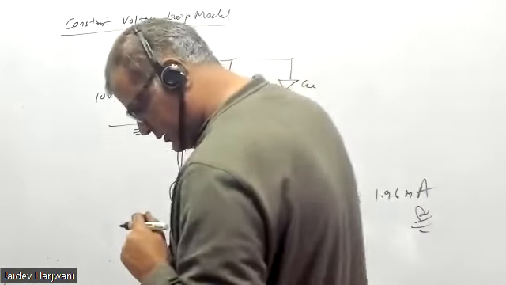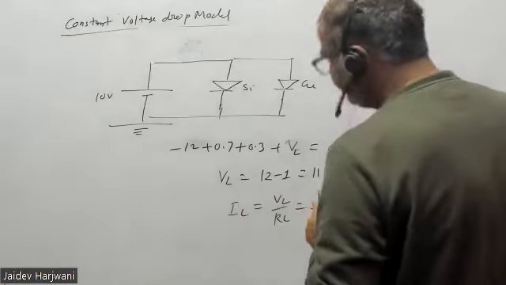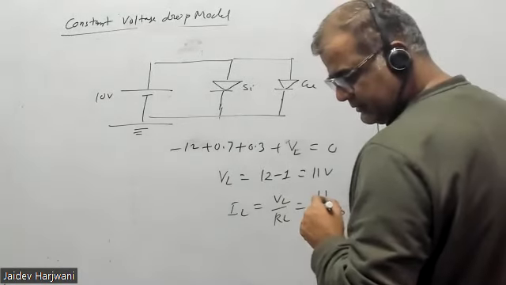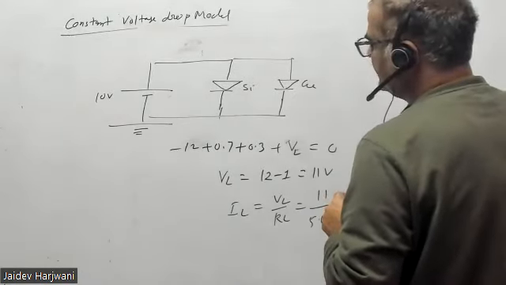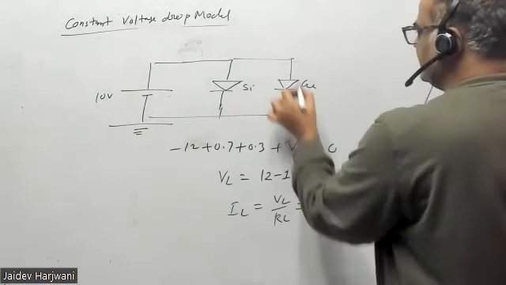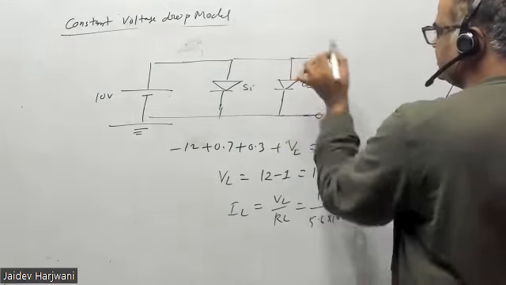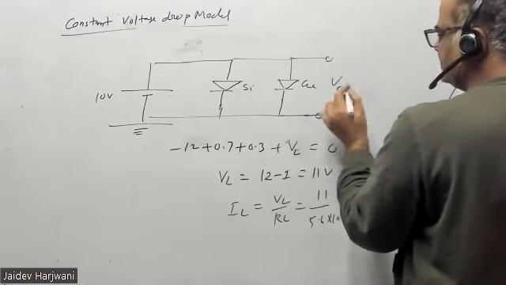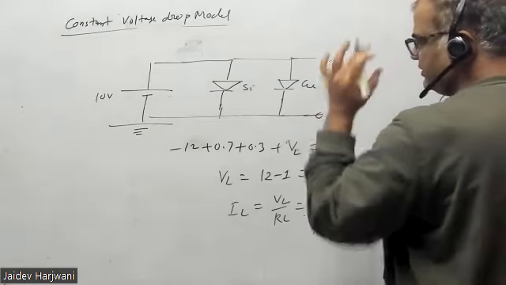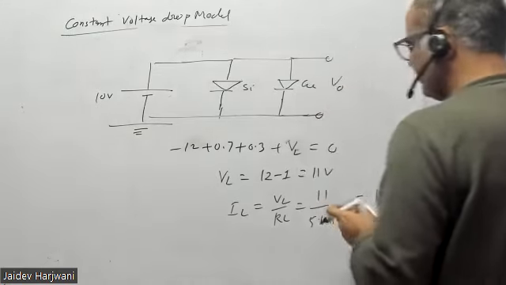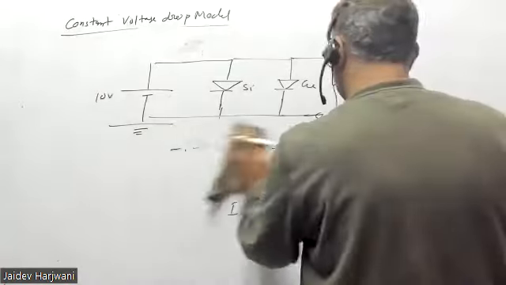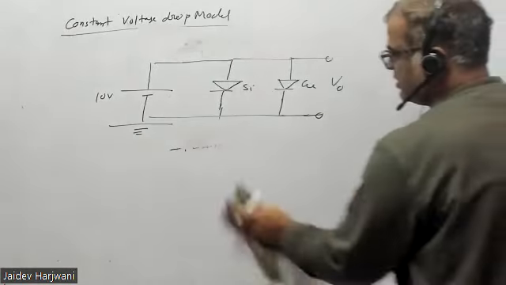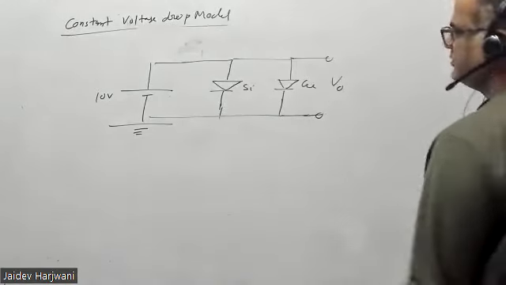Okay, and then if they are conducting, let us see. I'll change the problem. I want to find what is V output here. Okay, tell me what will be the V output. 0.3.